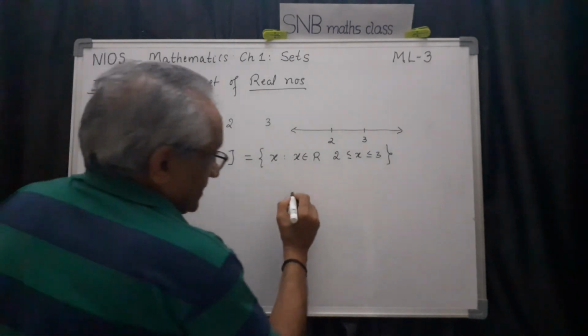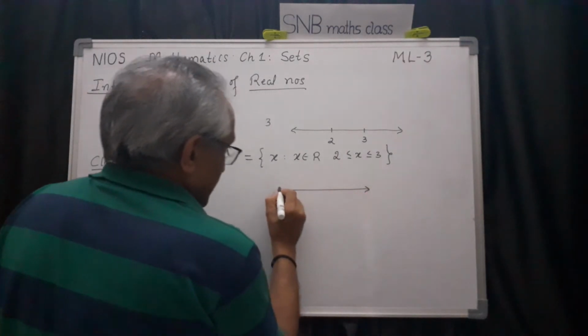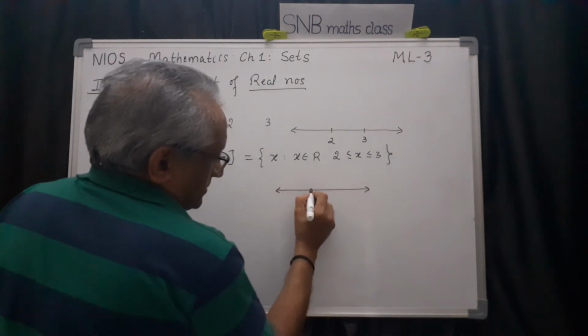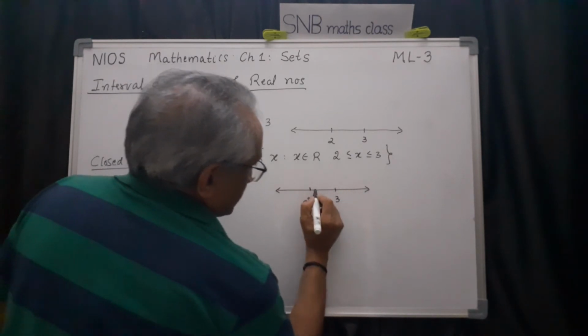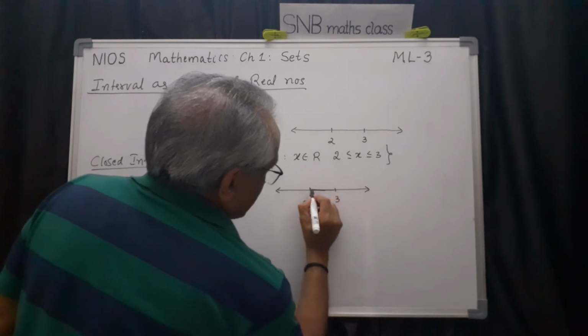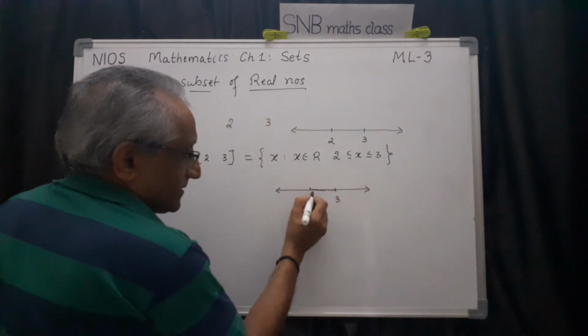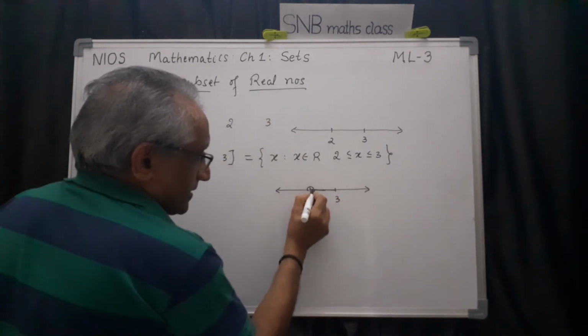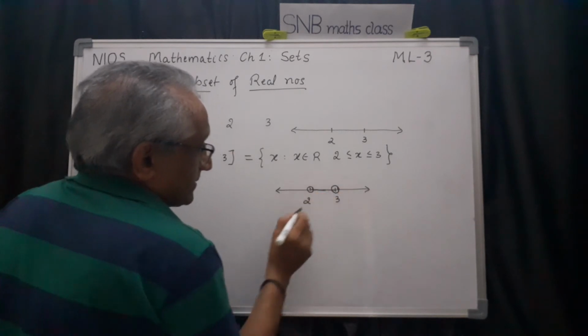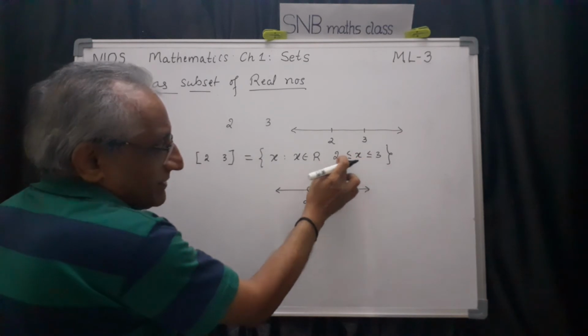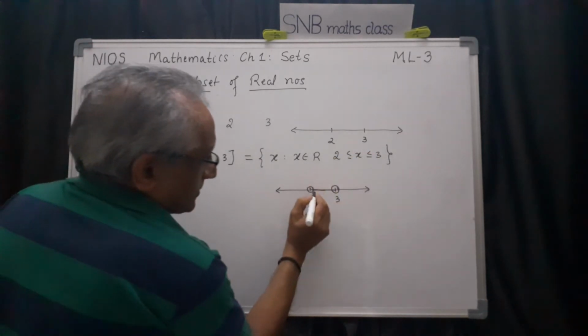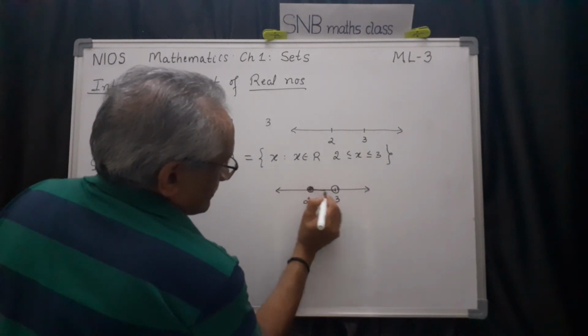This is denoted in the diagram like this. You have to mark 2 here, mark 3 here, then indicate that these are the numbers you are taking, all the numbers here. Since you are taking 2 and 3 also, because x can be 2 also, x can be 3 also, you have to fill these points.